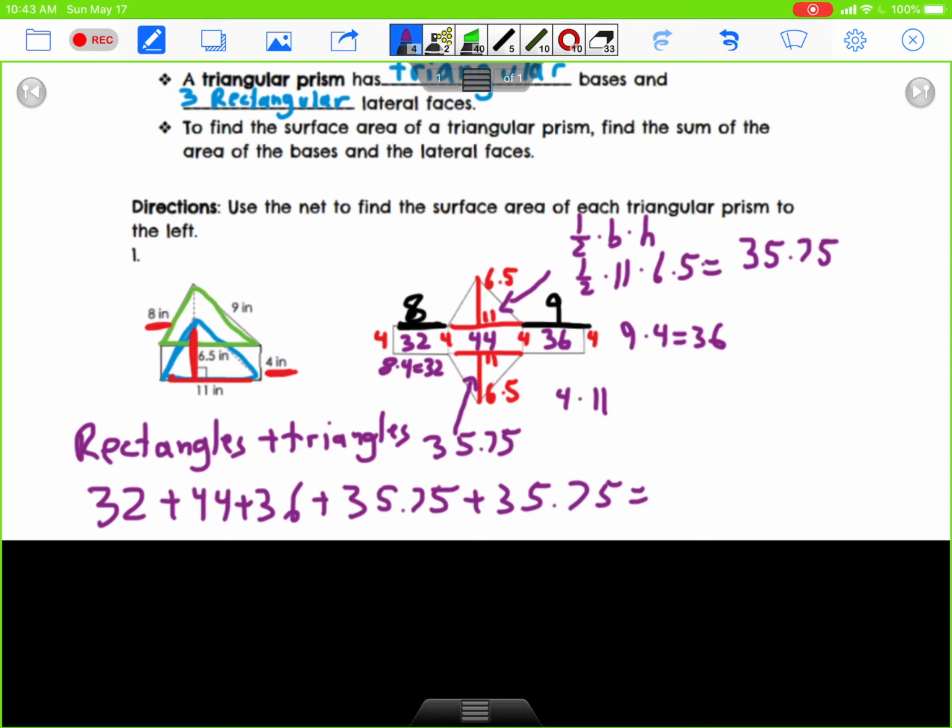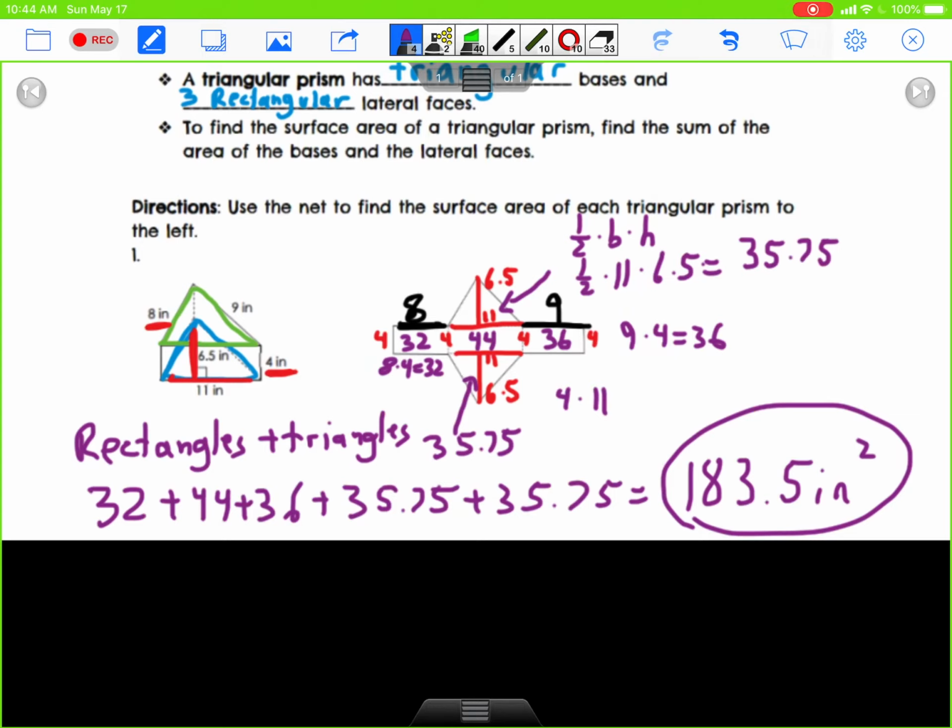Add them all together: 32 plus 44 plus 36 plus 35.75 plus 35.75, and you get 183.5 inches squared.